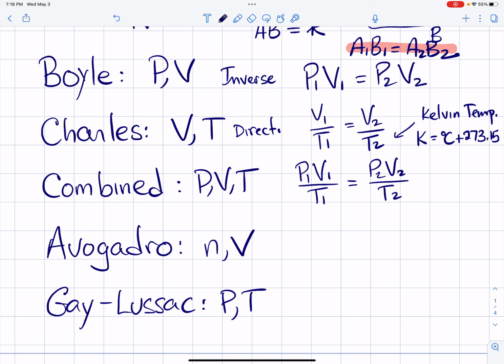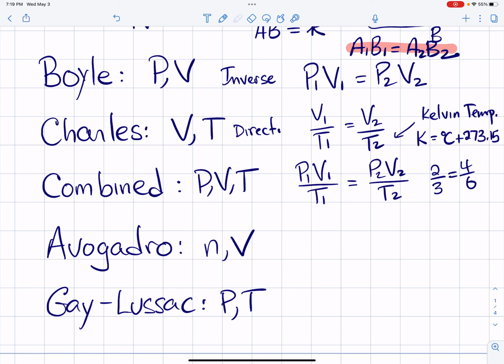Notice when you're using Charles's law or the combined law, or as we'll see in a moment, Avogadro's and Gay-Lussac's law, mathematically we solve problems using cross multiplication, right? So for example, if you say that 2/3 is equal to 4/6, you have an equation that looks like V1 over T1 equals V2 over T2.